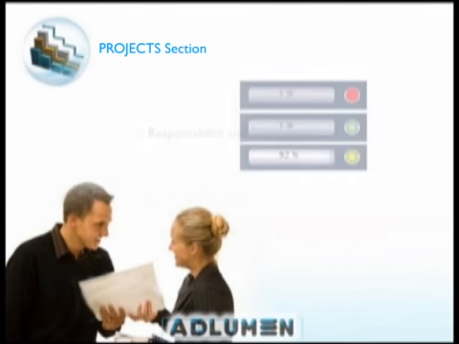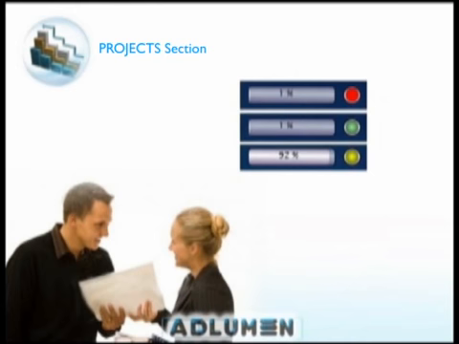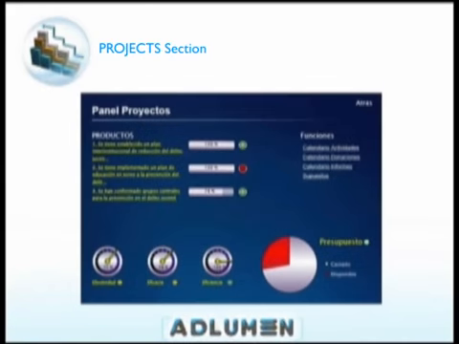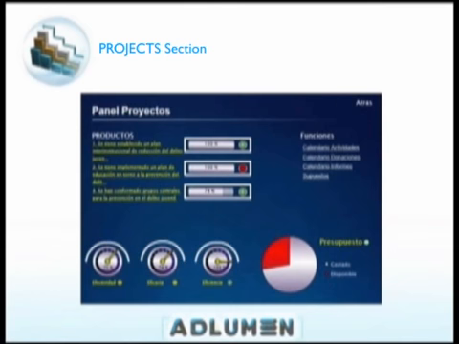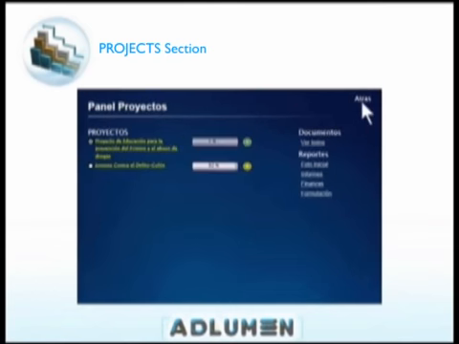This is how the Adlumen application strengthens the monitoring and follow-up processes, generating percentage and color-coded indicators, displaying the progress during a project. With these indicators, managers as well as evaluators can generally measure the viability and development of the projects over time.